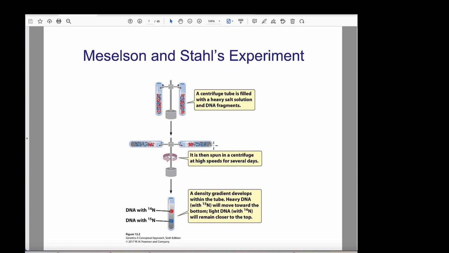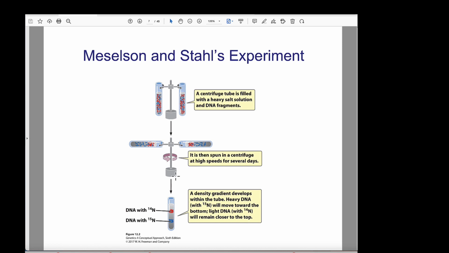The cultured E. coli were then subjected to equilibrium density centrifugation. That's what you see here. It is put in a column, which has a heavy salt solution, and allowed to undergo centrifugation, which applies a high centrifugal force, causing separation of the components within the tube.